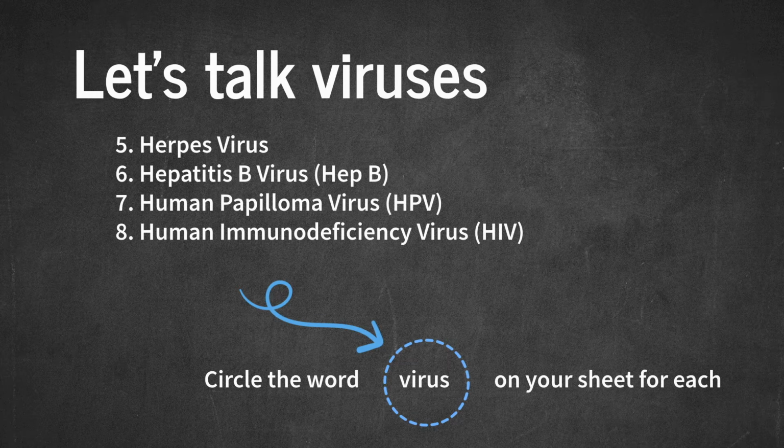Number 7, HPV, human papillomavirus. You can write down HPV. Again, that is HPV. And number 8, HIV.